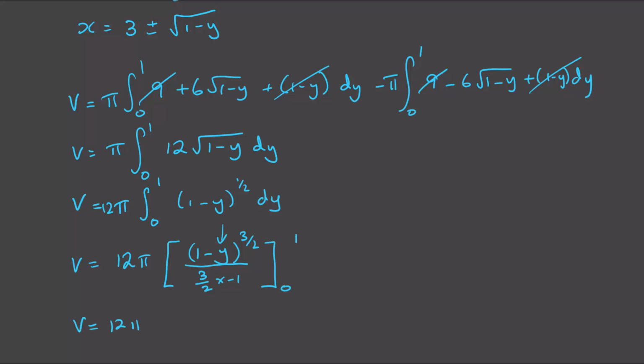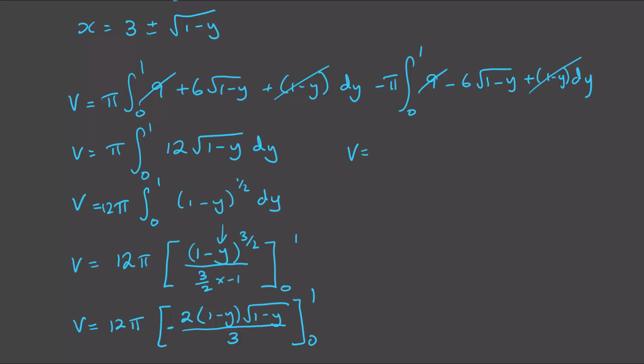So that's going to be 12 pi times 2 times 1 minus y root 1 minus y over 3, and we've got a negative in front of that.